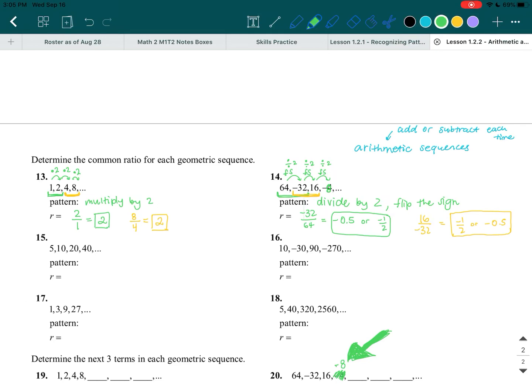So I'm going to sum this up over here in the geometric sequence, this vocabulary word. So instead of adding or subtracting each time like an arithmetic sequence, we are simply multiplying each time. Okay? And you're multiplying by the common ratio.